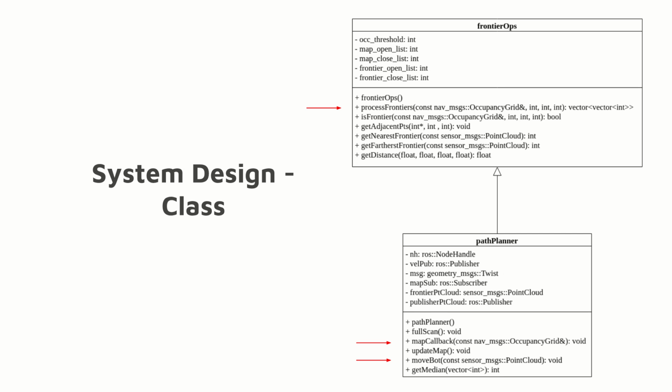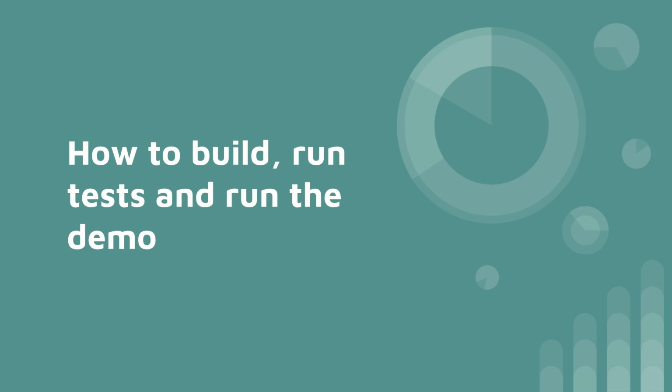This is the exact structure of the class: Frontier Ops is the base class, and Path Planner is the one that inherits from it. How to build and run the project and the demo is what I'm going to show in the next video.